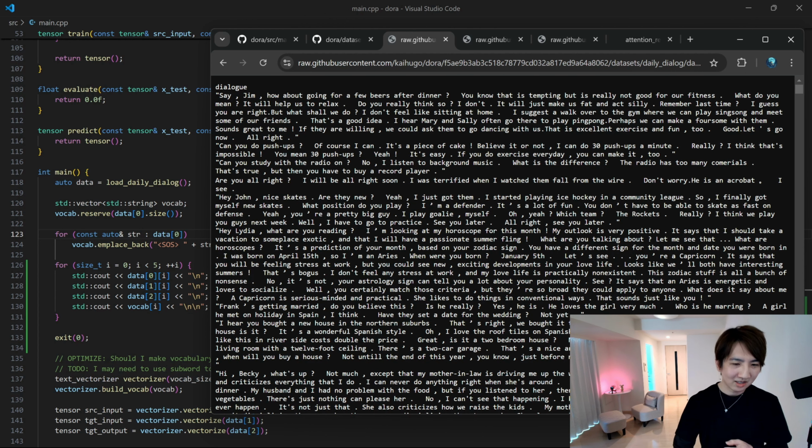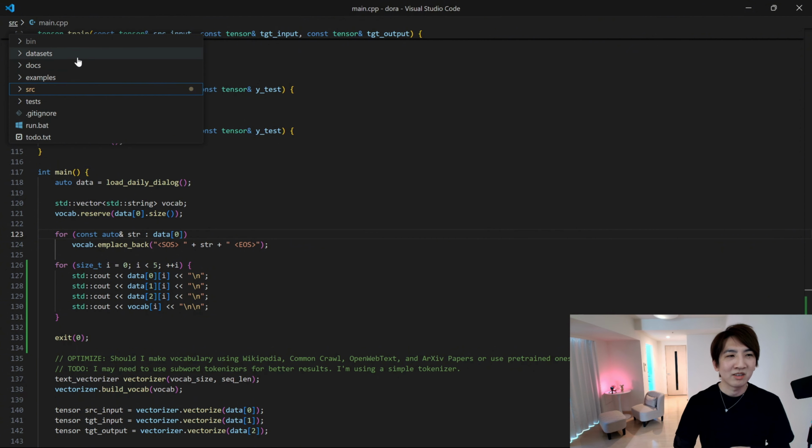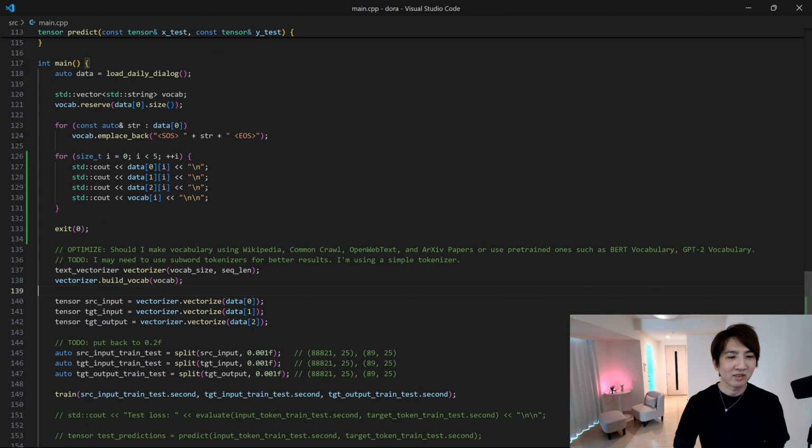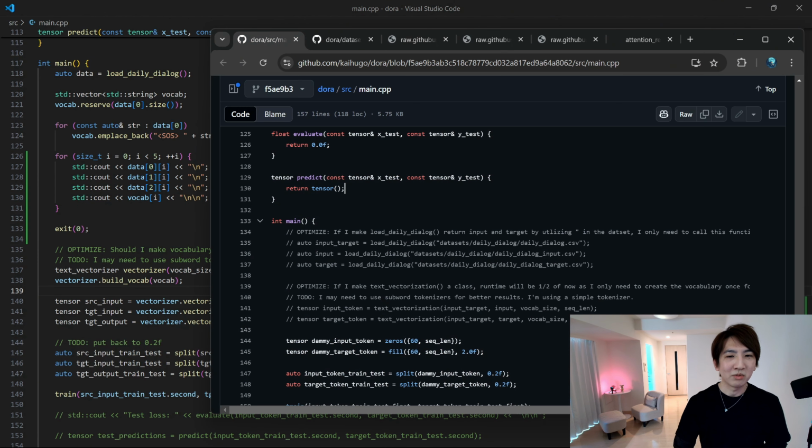Before, I used Python to prepare the dataset and saved it in this dataset folder, and then called this C++ function and loaded them.